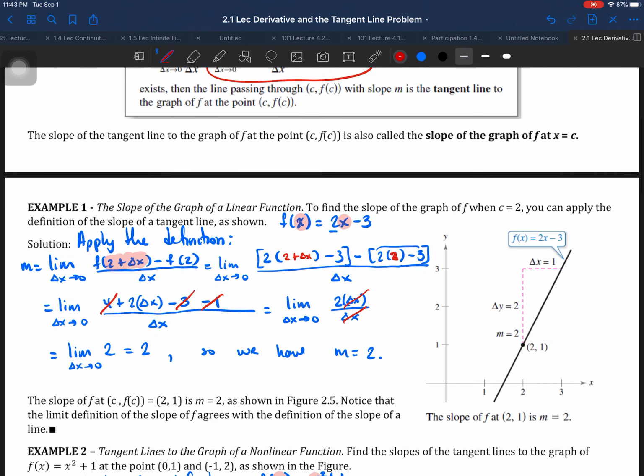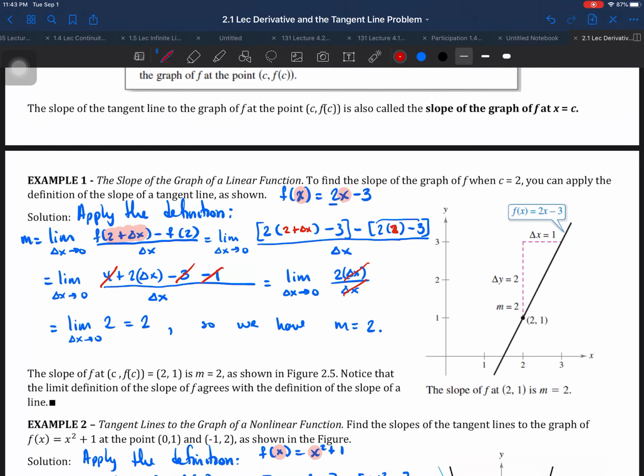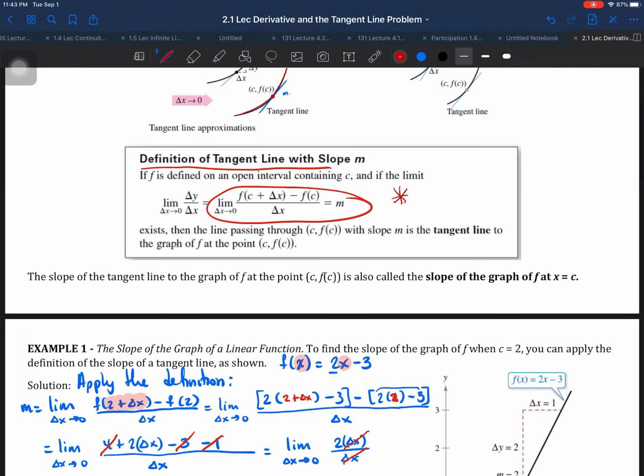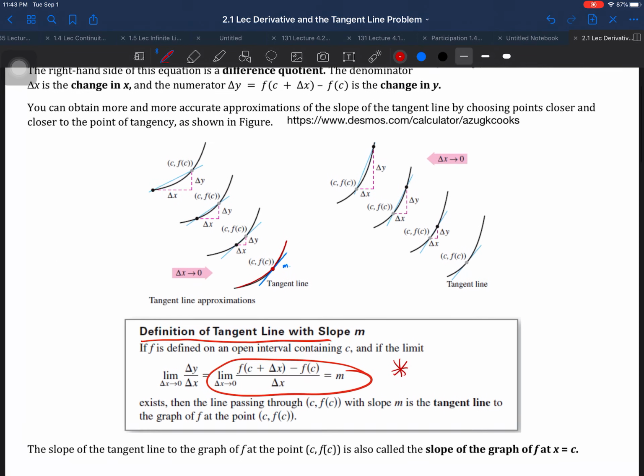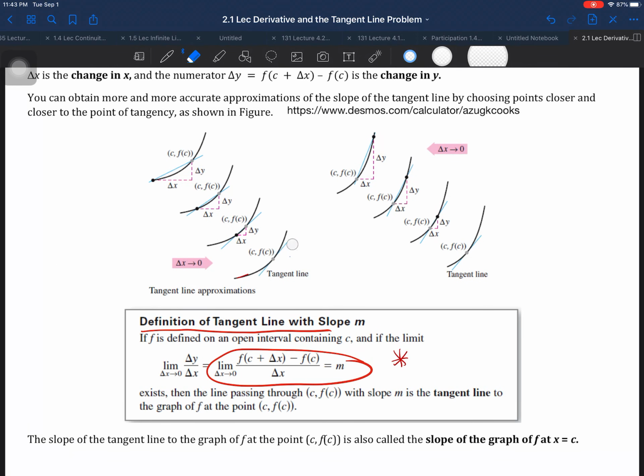So in example 1, we're asked to find the slope of the graph of f when c equals 2. You can apply the definition of the slope of a tangent line as shown before. So the question that they gave us was: can you find the slope of the graph here?